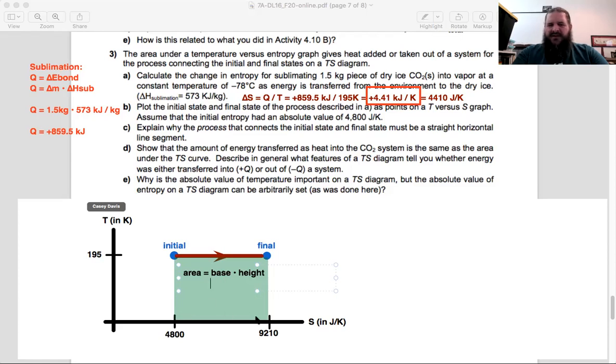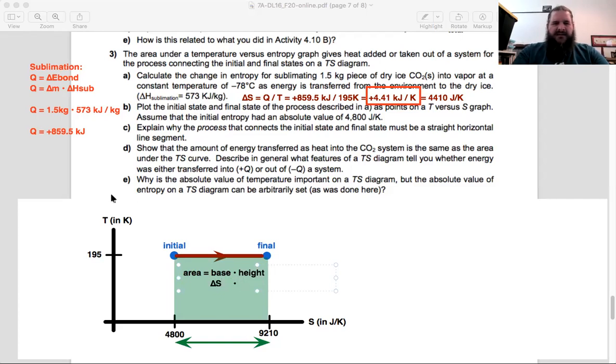This width here is not the amount of entropy. What would you call this width? That's not just how much entropy there is. That width is the what? Yeah, that's how much change there is. So the base is the delta entropy.